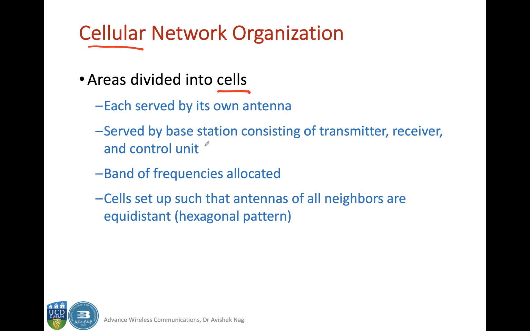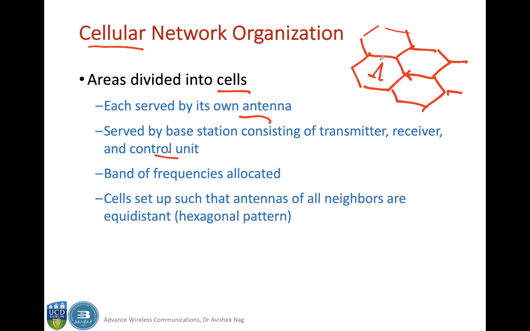You also have a base station that consists of several transmitters, receivers, control unit, and also the antennas. You will see in the next slide that these cells are arranged like hexagons. Your entire geographical area is divided into cells like this, and each cell has its own base station with several antennas and several transmitters and receivers and a control unit.